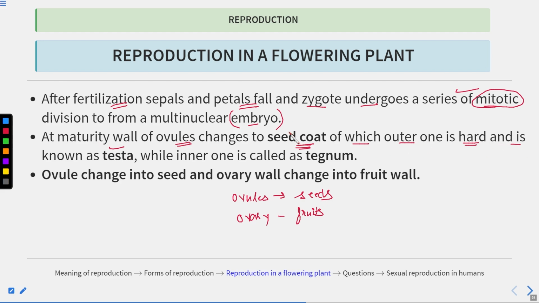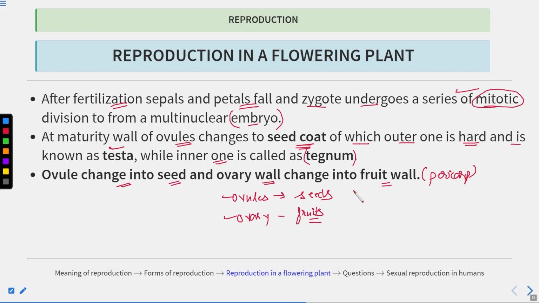So the seed coat has two layers. The outer is known as the testa, and the inner one is known as the tegmen. After fertilization, the ovule develops into the seed, and the ovary wall changes into the fruit wall, which is known as the pericarp. The fruit wall is known as the pericarp, and the ovary changes into the fruit.